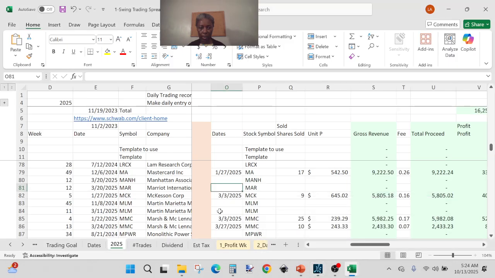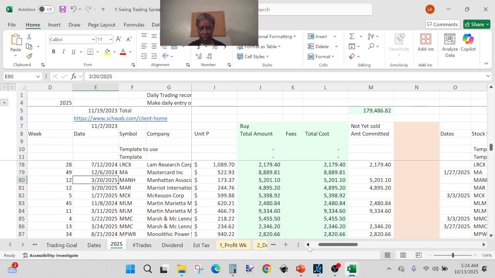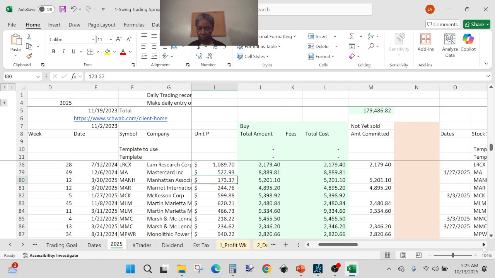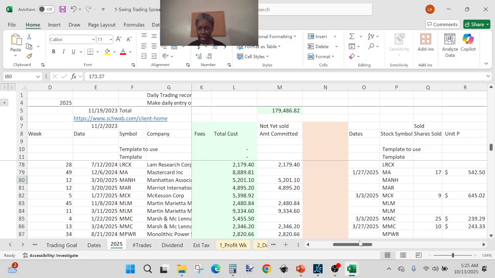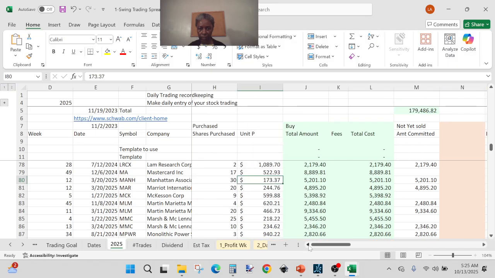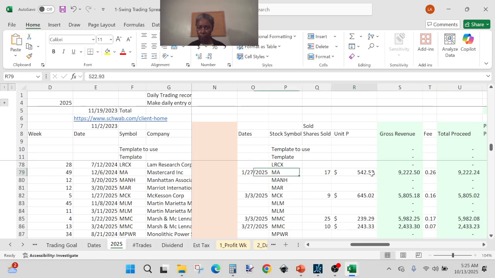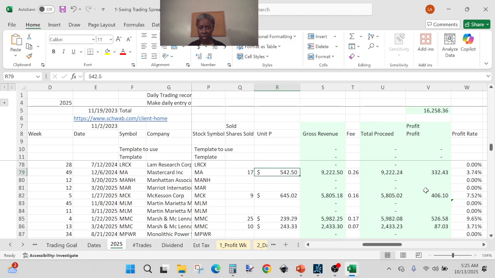So we can come back here and look at M.A.N.H. Those three are actually here. We purchased this one in March, like we just saw, for 173, and we have not sold it yet. As for M.A., we purchased it in December for 522 and sold it in January for 542, for $300 profit.